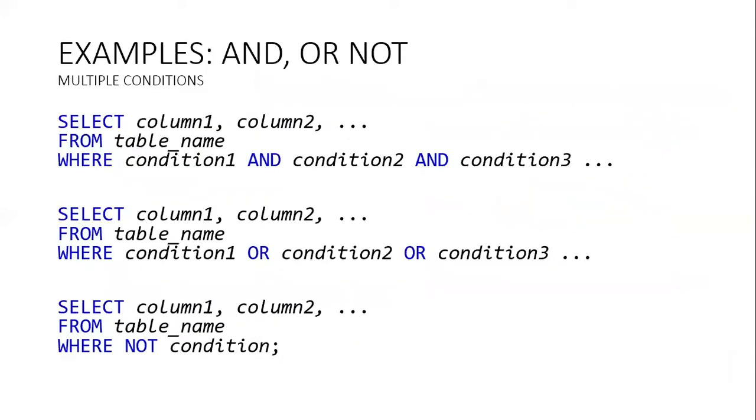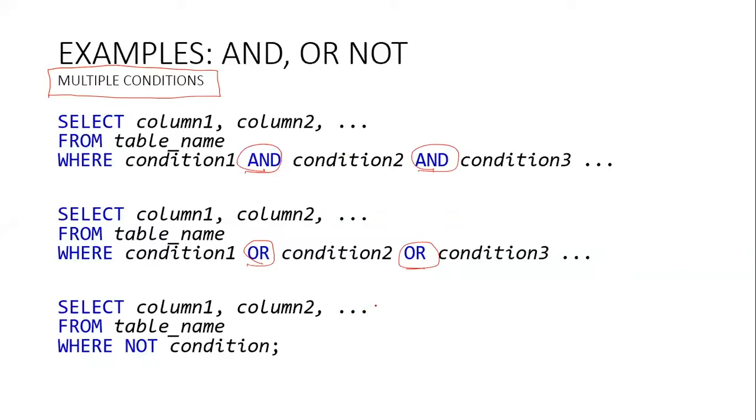Now let's look at how to deal with multiple conditions. Here you have your condition, operator, condition, operator. Similarly, you could use an OR, and for that matter, you could use a combination of them, which is also allowed.